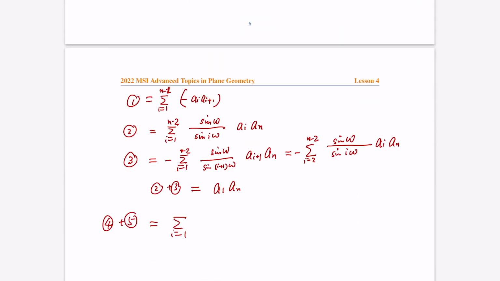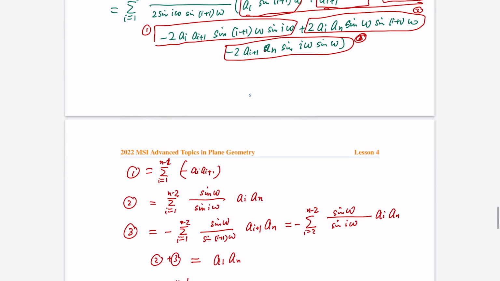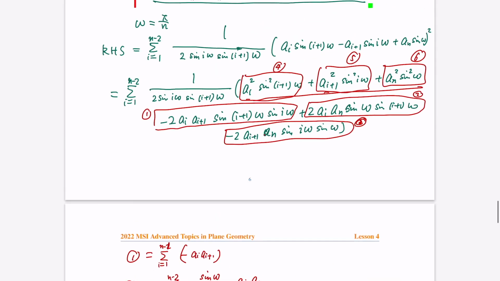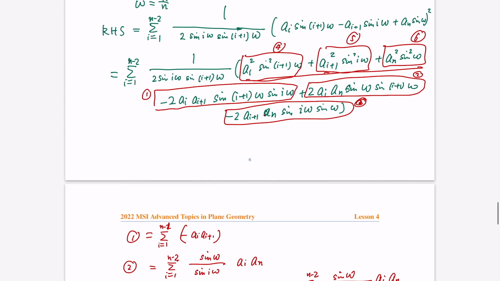Sigma I from 1 through n minus 1. You have cancellations. I plus 1 cancels, so you're left with 1. So downstairs is I omega. Upstairs, I plus 1 omega. Right? And then you have AI squared.